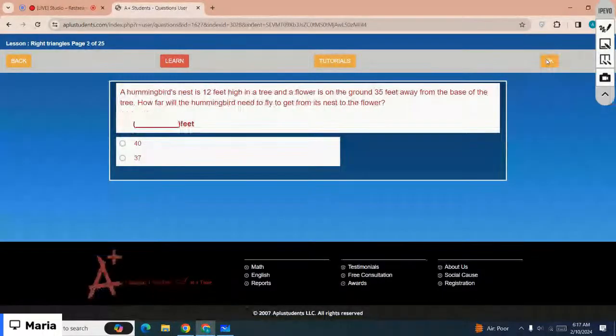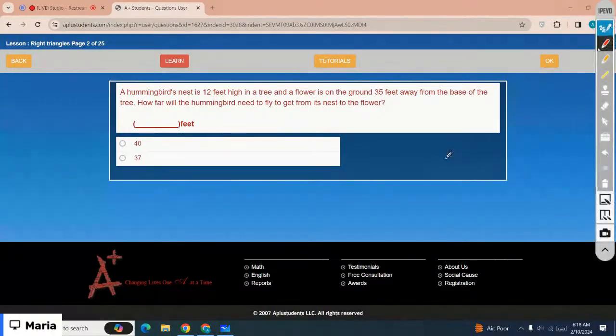Okay, a hummingbird's nest is 12 feet high on a tree, and a flower is on the ground 35 feet away from the base of the tree. How far will the hummingbird need to fly to get from its nest to the flower? So the nest is 12 high in a tree and the flower is 35 away.